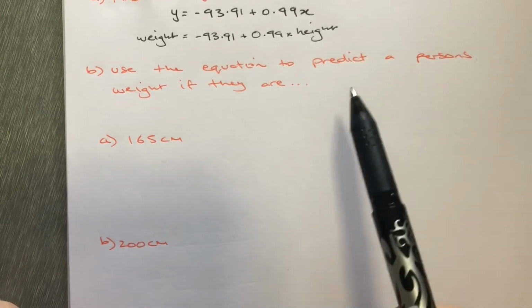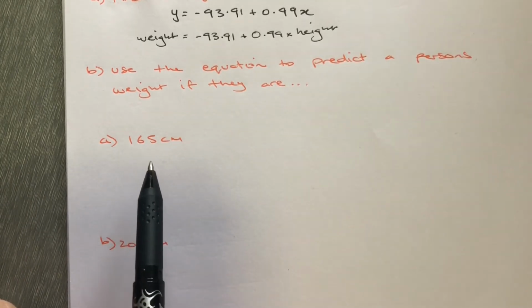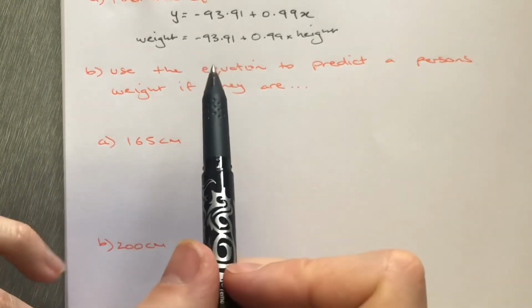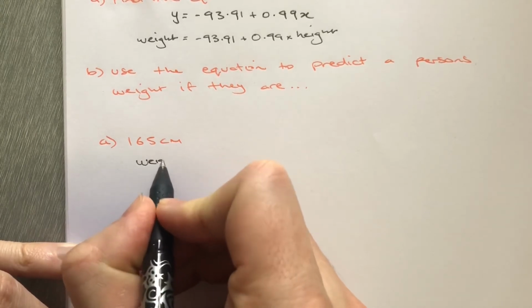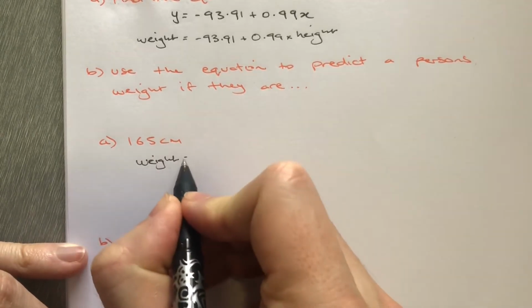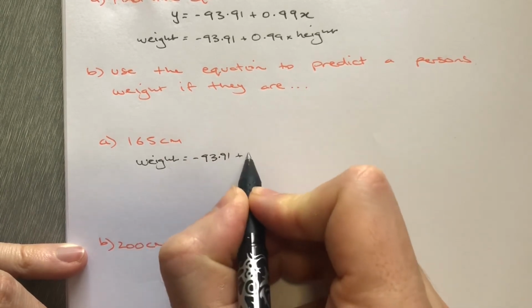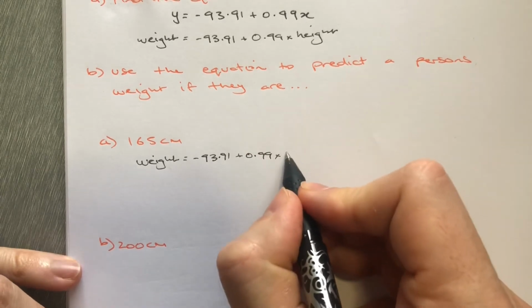So let's use this equation that we've got to make some predictions. So B, we want to predict someone's weight if they have a height of 165 centimeters, and we're going to use this equation just here. So we're interested in the weight if the height is 165 centimeters.